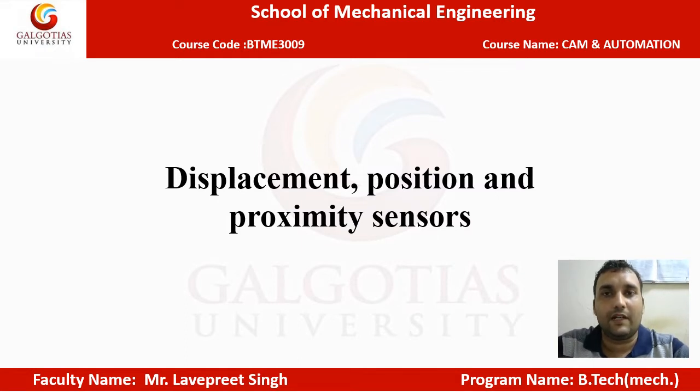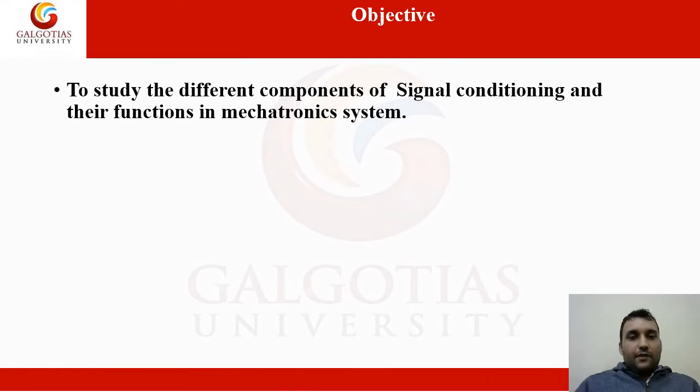This is part 2 of lecture 6, where we discuss the various displacement and position sensors. Continuing that, we will discuss displacement, position and proximity sensors, the difference between them, and then the applications of various sensors. In the last lecture we discussed the various position and displacement sensors.